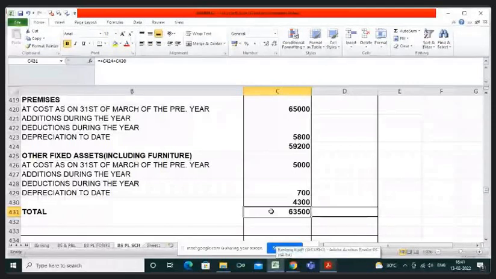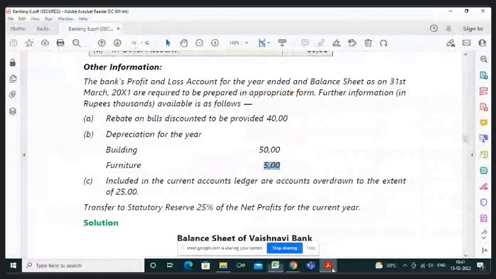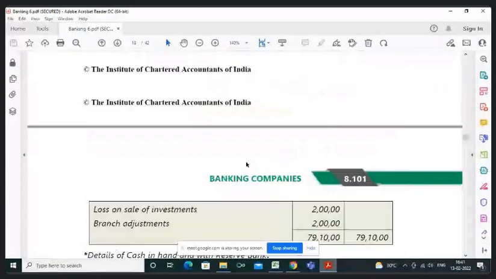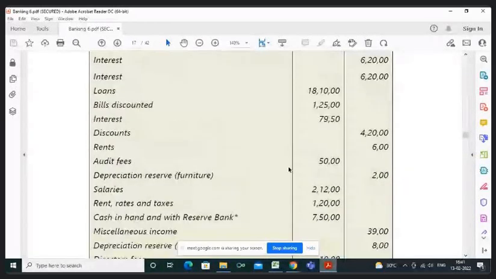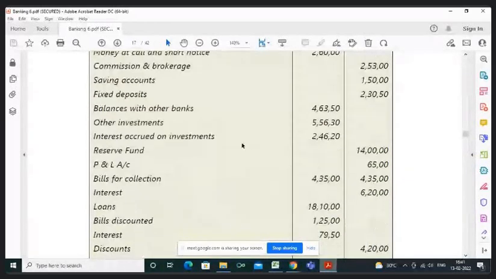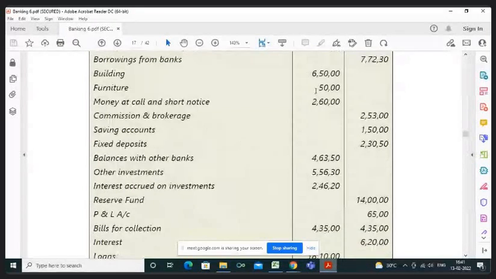For the year, how much should we provide? For building 5,000, furniture 500. So what will the depreciation reserve be? The opening balance of depreciation reserve is 800, and with that we will add the current year depreciation of 5,000. Similarly, for furniture, we have an opening depreciation reserve of 200 to add. So the premises will become 59,200 and furniture will become 4,300.